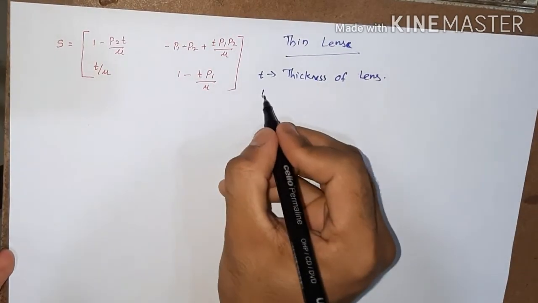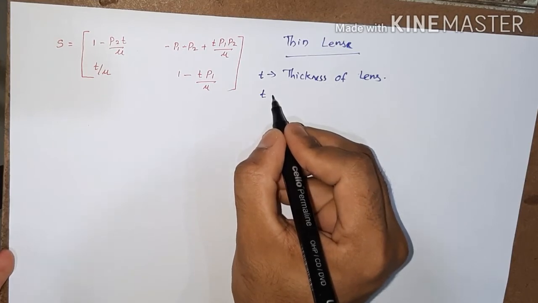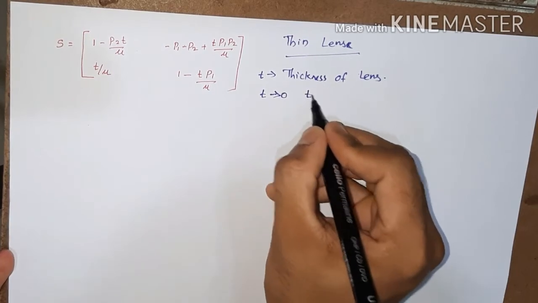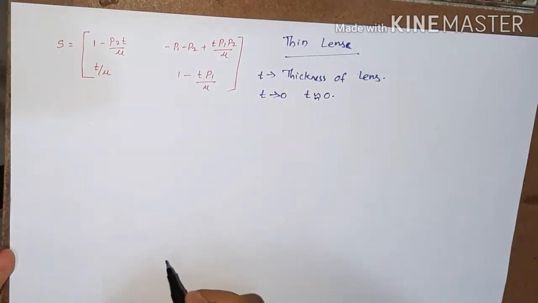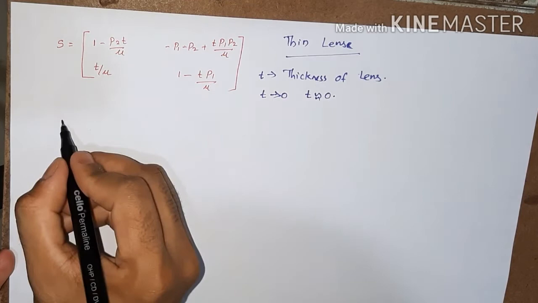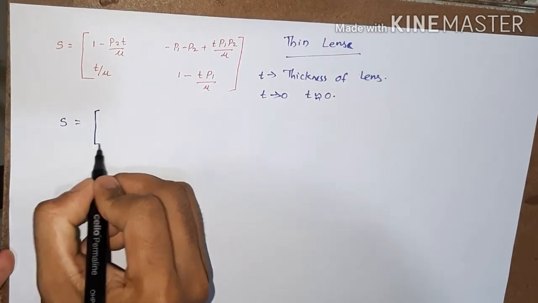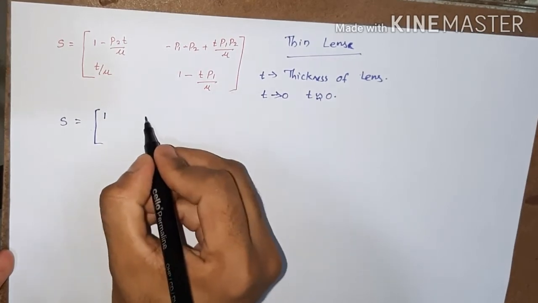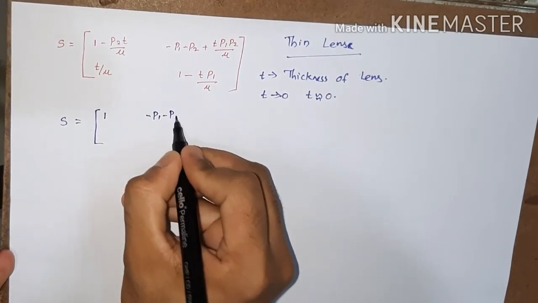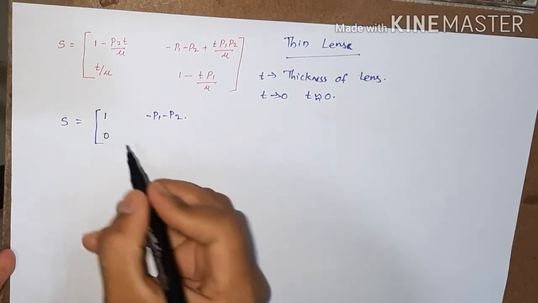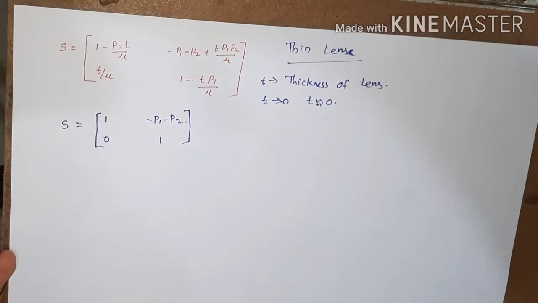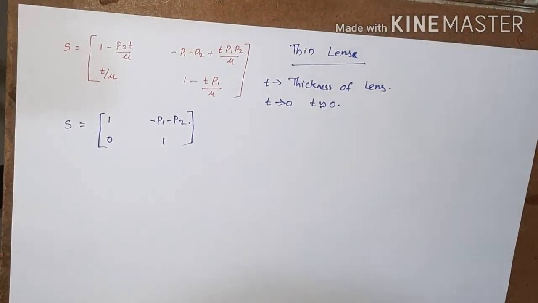So for the case of a thin lens I can consider that this t is very low, or t goes to 0, approximately t equal to 0. So this system matrix will take the form: this t goes to 0, 1 and minus p1 minus p2, this term goes to 0 and this term will be equal to 1 itself. So it is the system matrix corresponding to a thin lens.